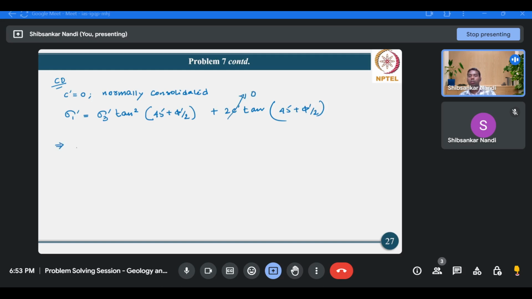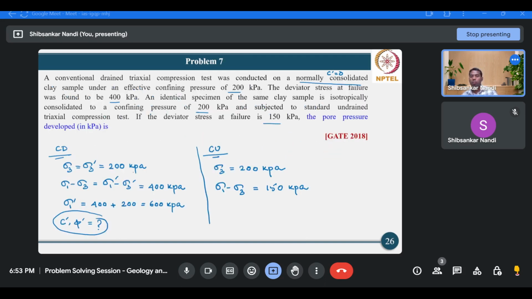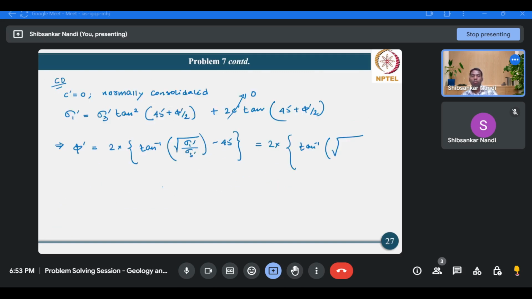So obviously phi prime you can calculate from this equation: phi prime equals 2 into tan inverse of root under sigma 1 prime by sigma 3 prime, minus 45. Here sigma 1 prime is 600 and sigma 3 prime is 200.